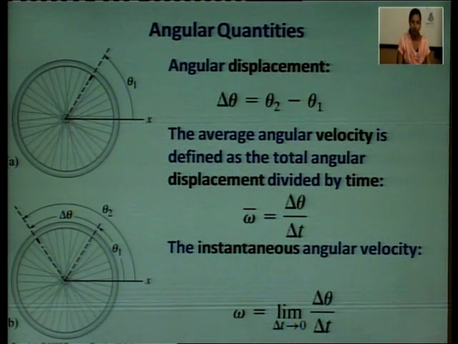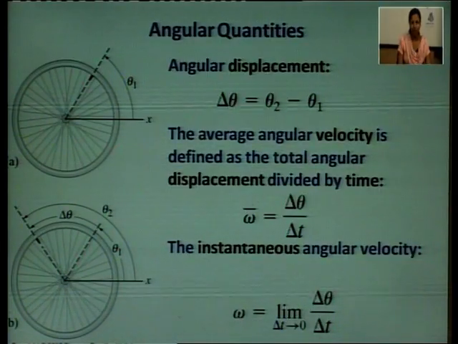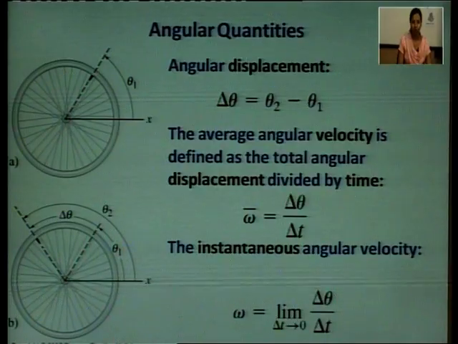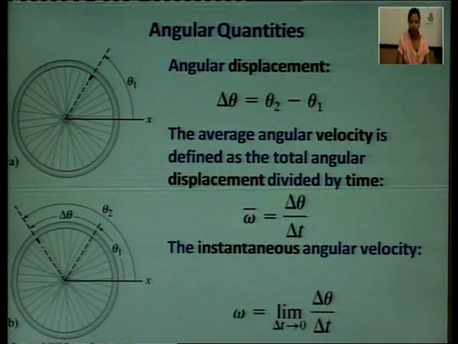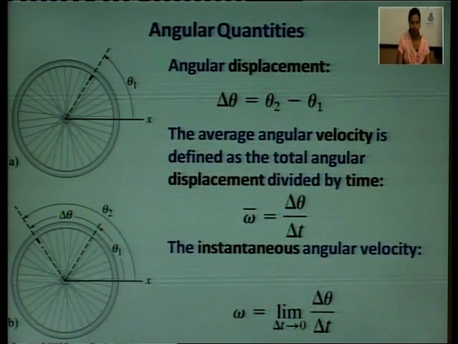Next we define the term angular velocity. The average angular velocity is defined as total angular displacement divided by time, while the angular displacement is delta theta and time is delta t. So, omega bar, which is the symbol of average angular velocity, is equal to delta theta upon delta t.